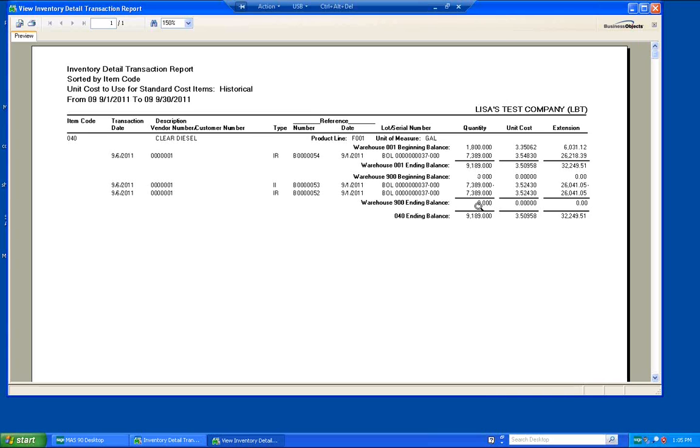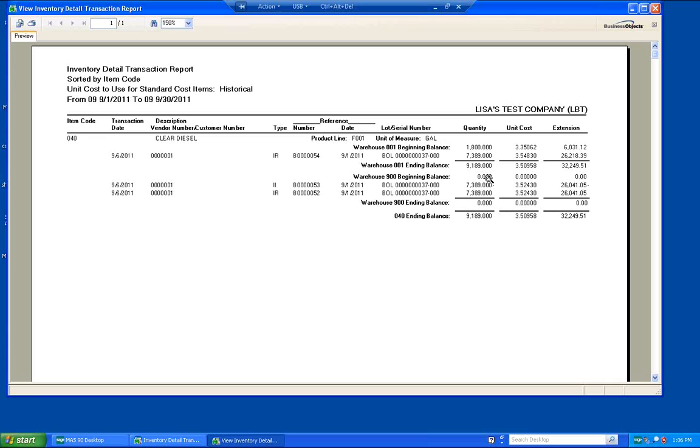While this might be a fairly obvious statement to make, I'll go ahead and make it anyway. If you were to leave a product in this warehouse 900 and did not put it to another warehouse because it was a split load, or maybe it was over distributed because you're in Texas and it's hot as heck down here, and you need to do something with the over distribution, you need to make sure that the warehouse zeroes out.